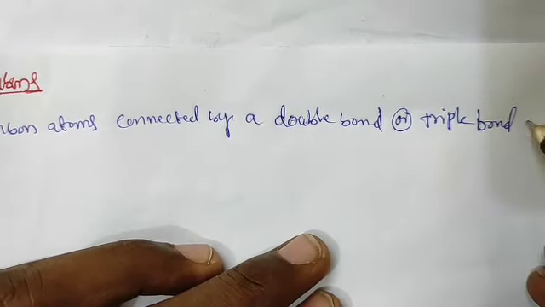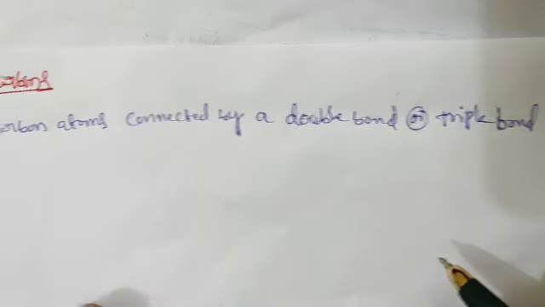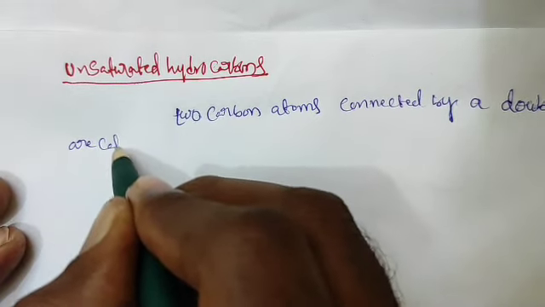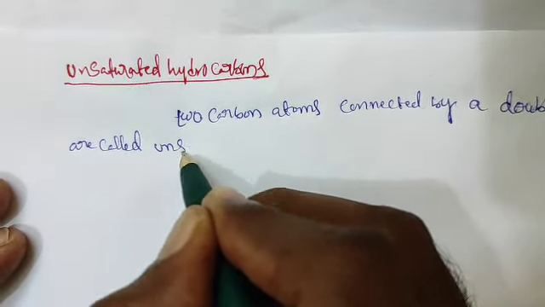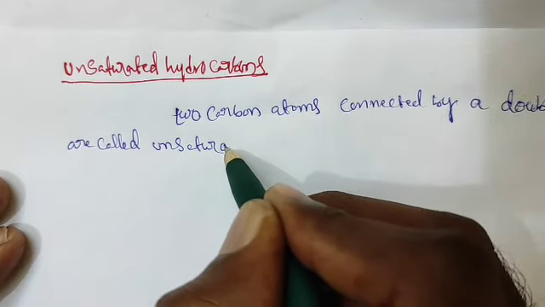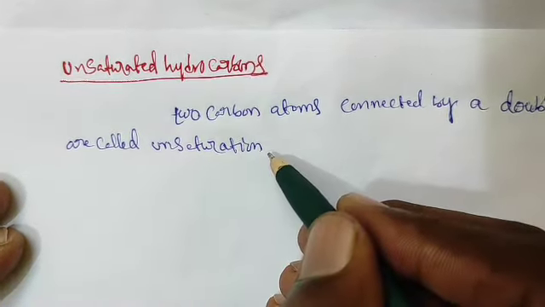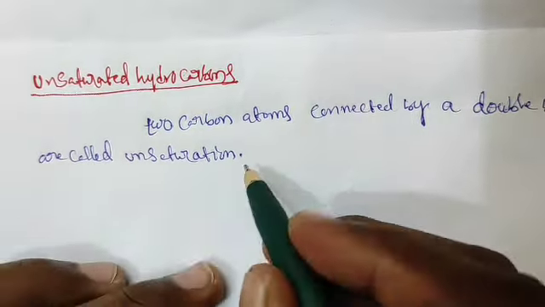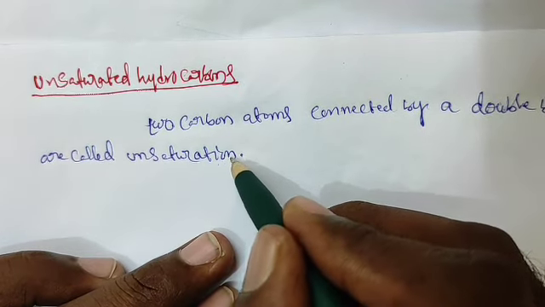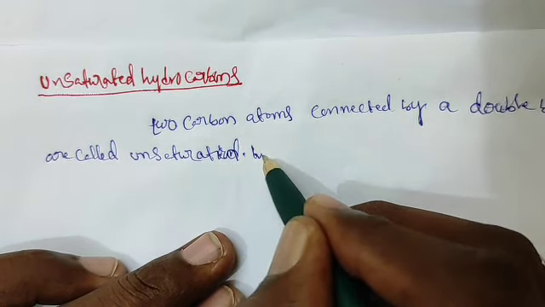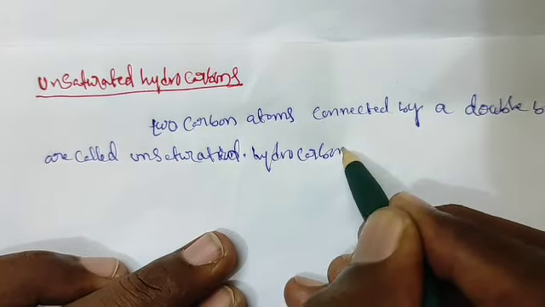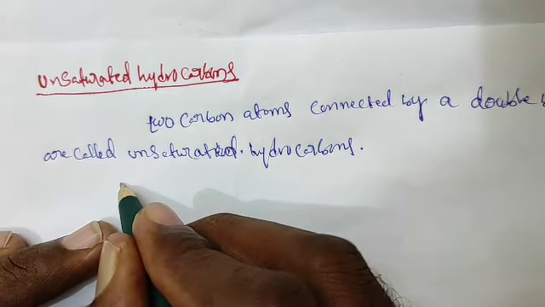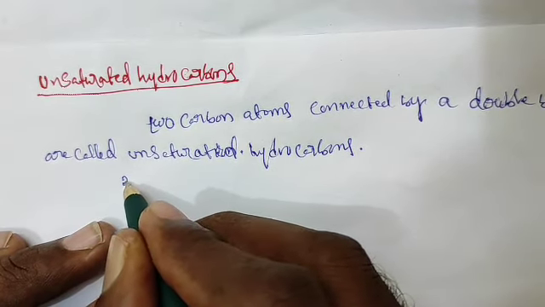Double bond or triple bond are called unsaturated hydrocarbons, or unsaturation. So unsaturated hydrocarbons are two types.